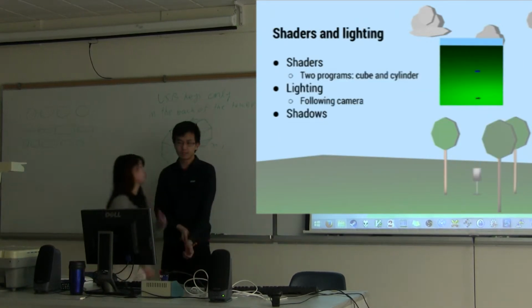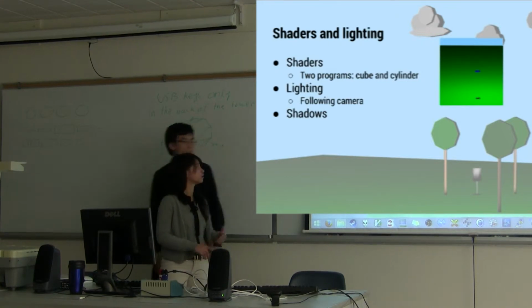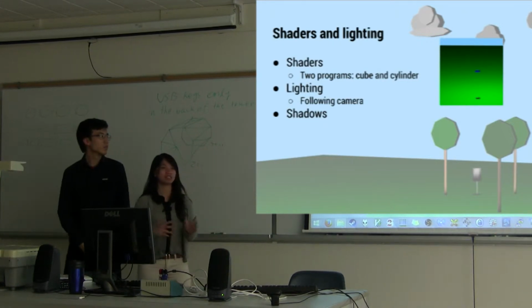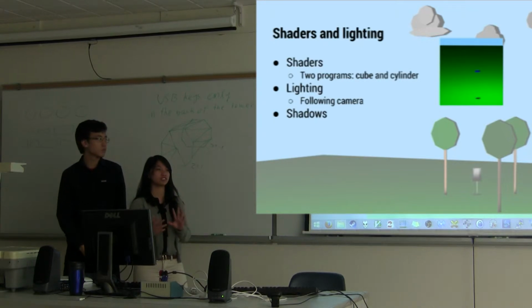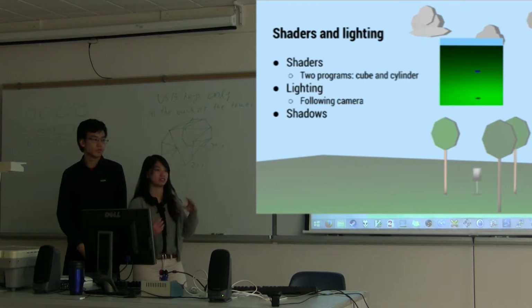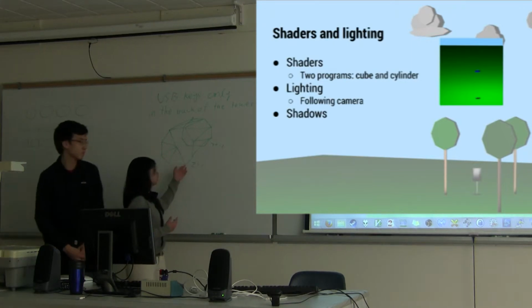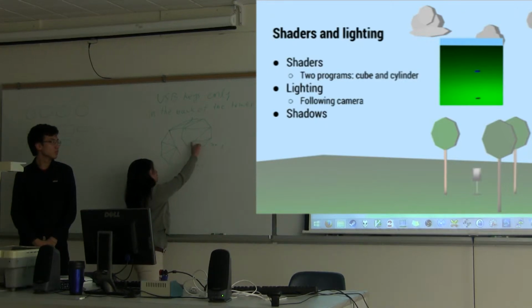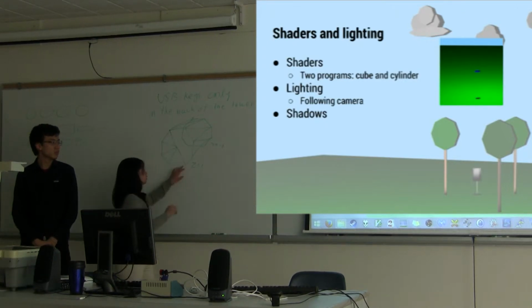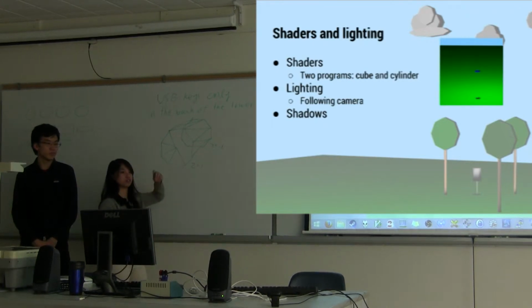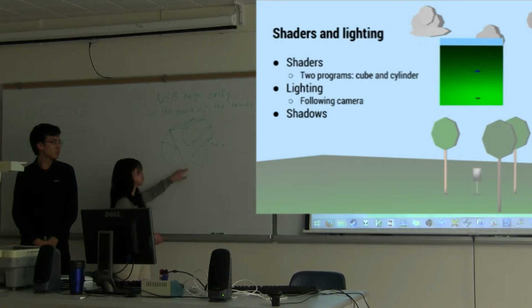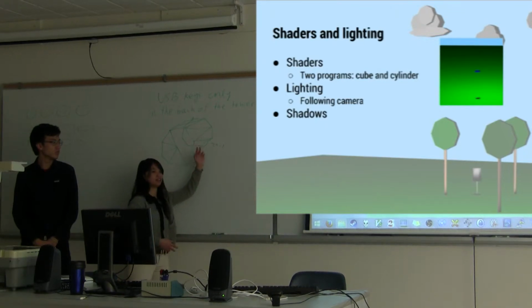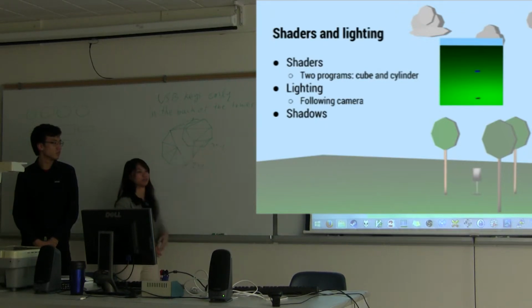With our shader, we have separate shaders for the cube and the cylinder, because the way it computes the normals is different, so that's why we decided to separate them. As you can see here with the cylinder, this side is connected with all of these points, so when we use the same shader on the cube, it takes the normals of these points instead of having their own normals pointing up.